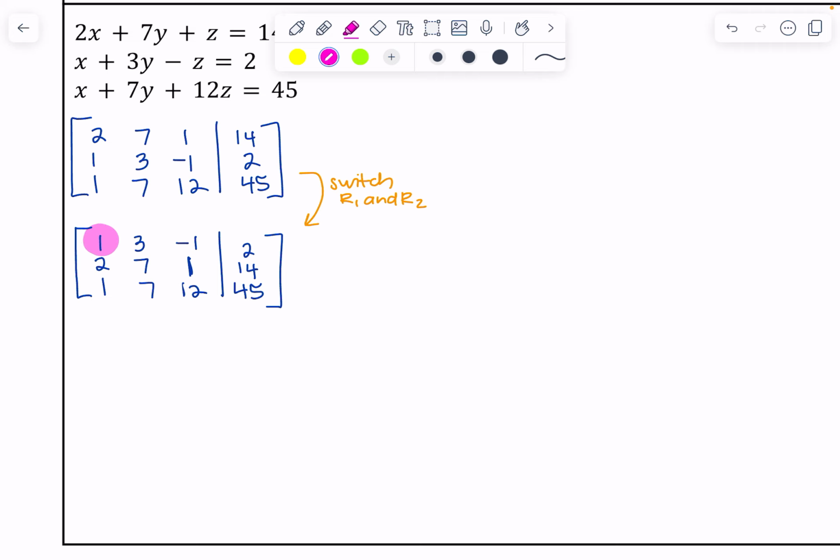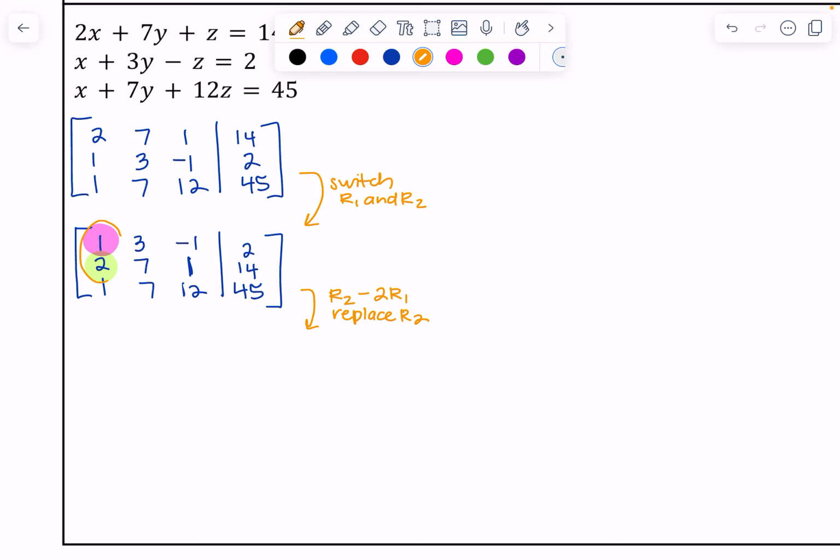That's good. Now I need a 1 here and here, but before I do that, I also need zeros here, here, and here. Okay, so I'm going to start by trying to get a 0 where that 2 is. So from this step to the next step, I'm going to do row 2 minus 2 row 1 and replace row 2.